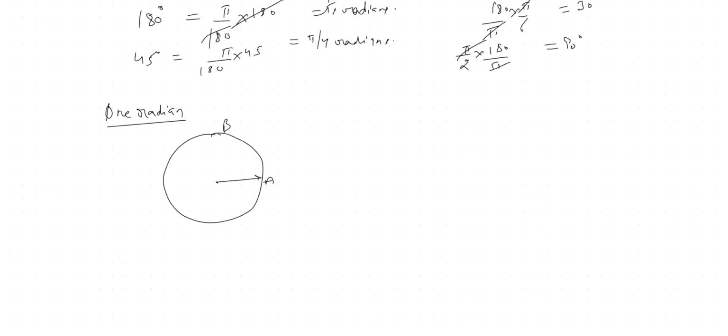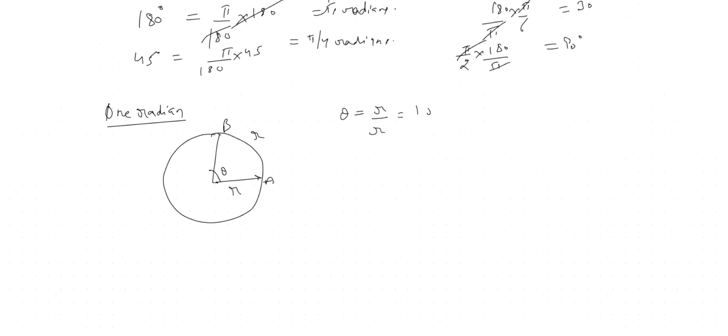If the length of the arc is equal to the radius of the circular path, let's say the length of the arc is also r, then the angle will be 1 radian, right? Because we know that theta is equal to length of arc by radius. Length of arc is r, radius is r, so r by r, 1 radian, right?